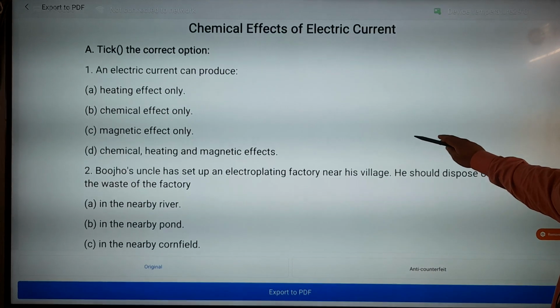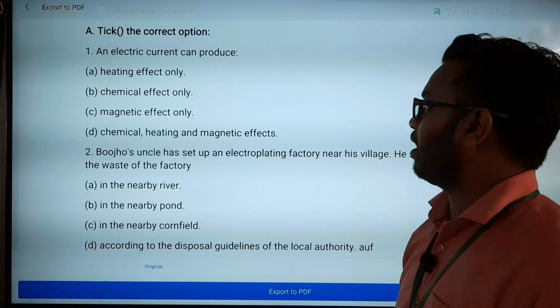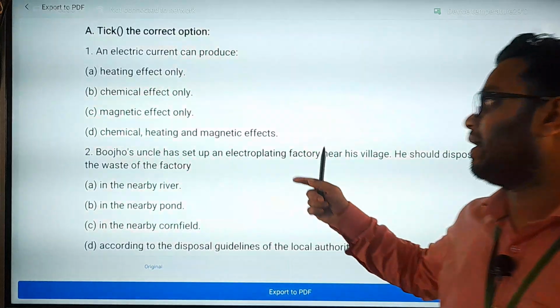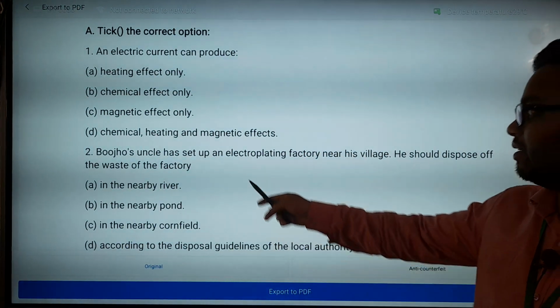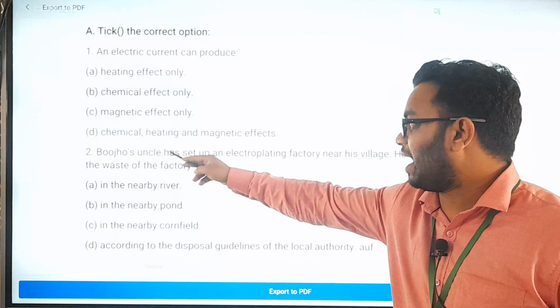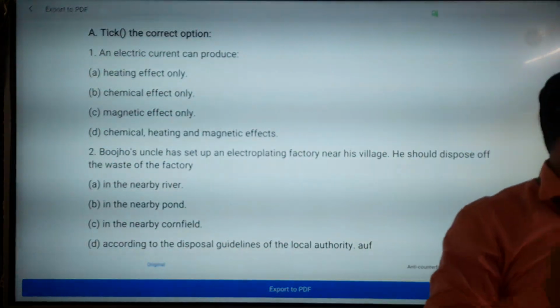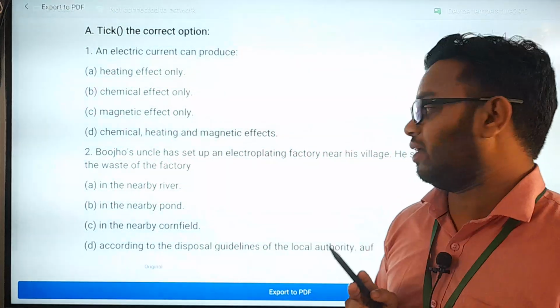So you see the first question. An electric current can produce heating effect, chemical effect, magnetic effect, and here chemical, heating and magnetic, all three effects. So which one is the correct answer? You can say option D is the correct answer.